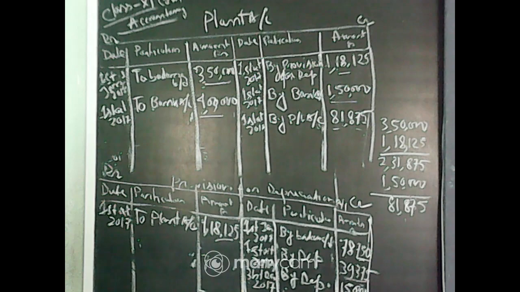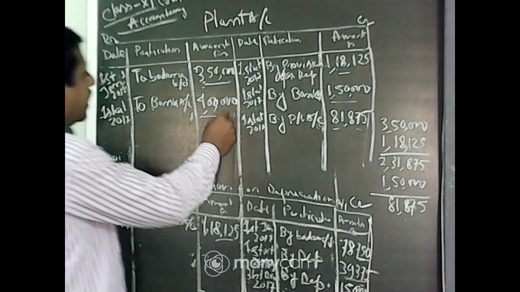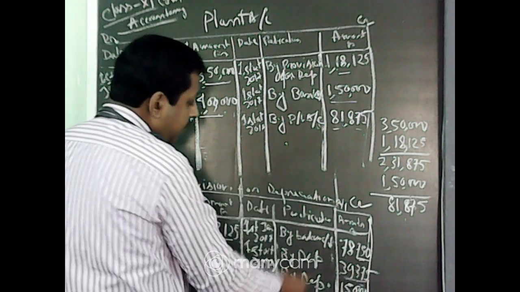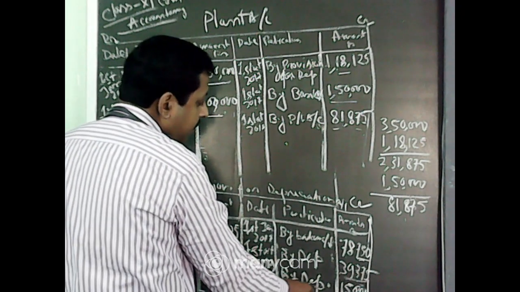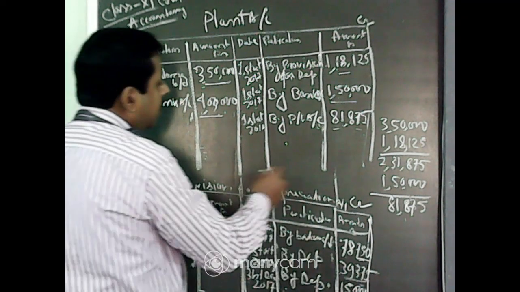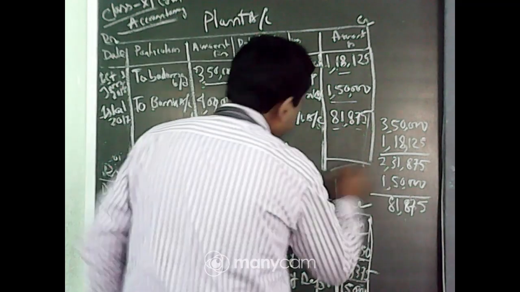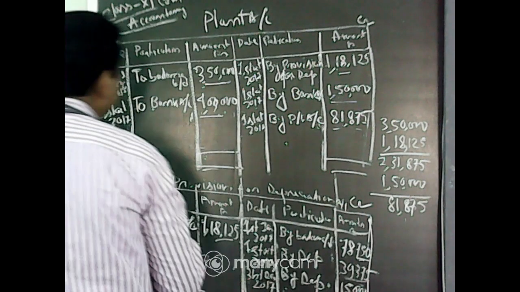Okay. Now again I am telling you, for 4 lakh the depreciation will not come in this plant account. This we have already charged in provision for depreciation account. Okay. So here we have to close the account. If we close the account, what will become?